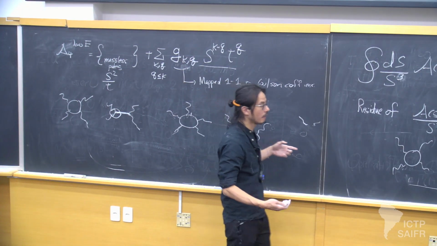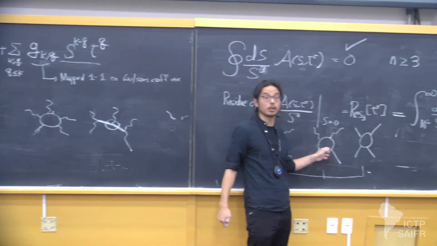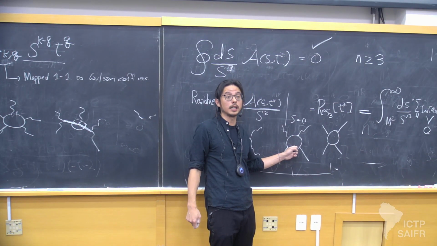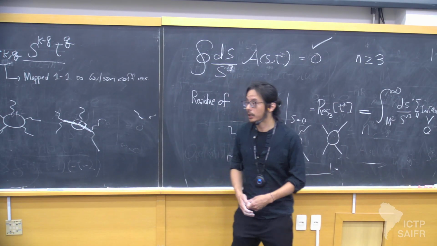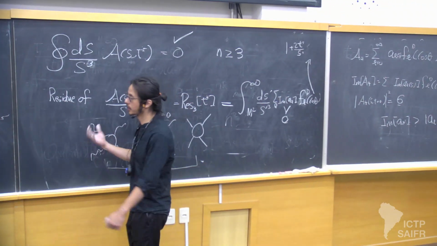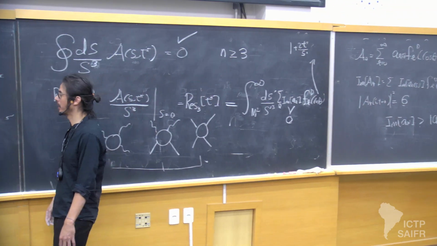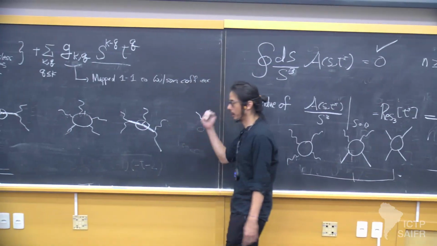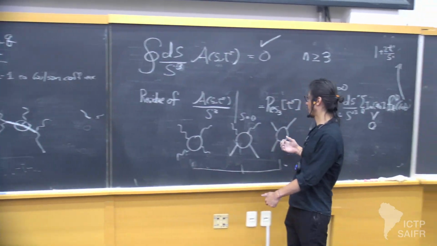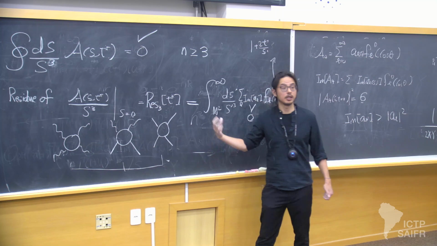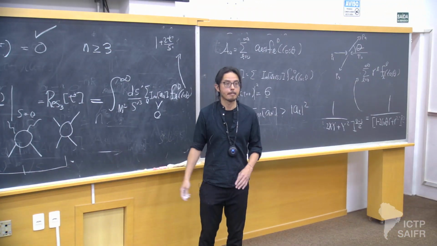But precisely this information is encoded if you actually start to scatter these UV states on the outside. Of course, this is just words, and you really need to do the hard work to actually see it. But I would like to believe that the higher-point information you can also start to garner by just looking at the 4-point amplitude, but with these UV states on the outside. Okay, that's all. Thank you.